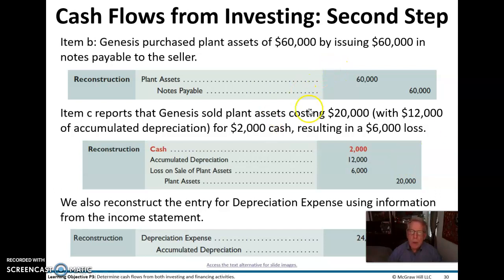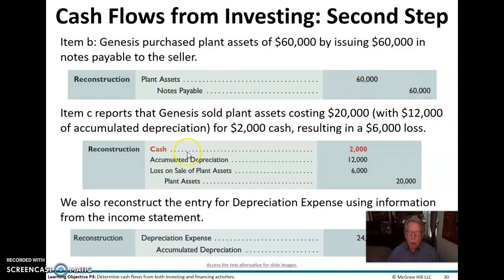So if we reconstruct this, our plant assets, we purchased some plant assets of $60,000 by issuing $60,000 in notes payable to the seller. And so what that meant is that we had to debit plant assets and credit notes payable for that journal entry.